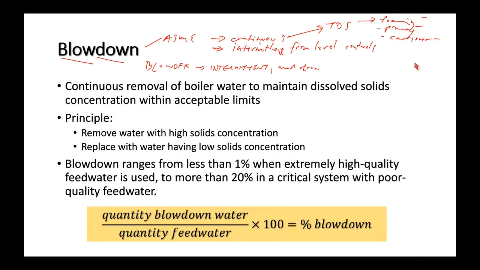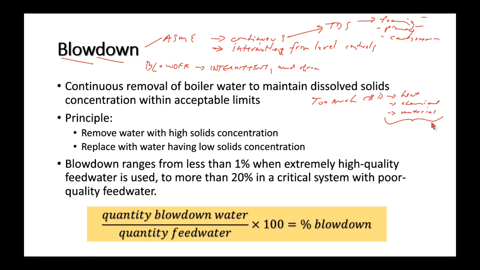And if we have too little TDS, in other words, if we've got too much continuous blowdown going on, then we're going to waste money. So too much CBD wastes heat, it wastes chemical, it wastes material in the form of water.